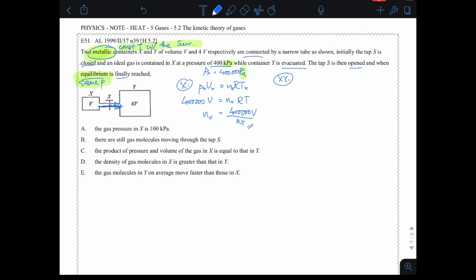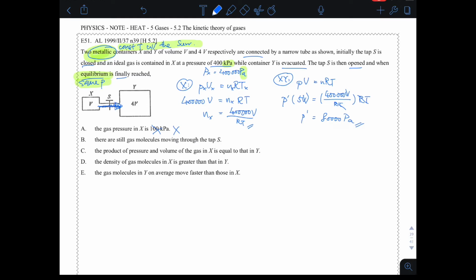That is, for the whole XY, we again choose PV equals nRT, so that we will have the new P prime, and then 5V equals still the same Nx, because there are no molecules in Y, so we just put in what we have for Nx, and then RT, still the same T because it is always the same as the surrounding. Then we can have some simple cancellation, resulting in this new pressure for the whole. So this is wrong, it should be 80,000.